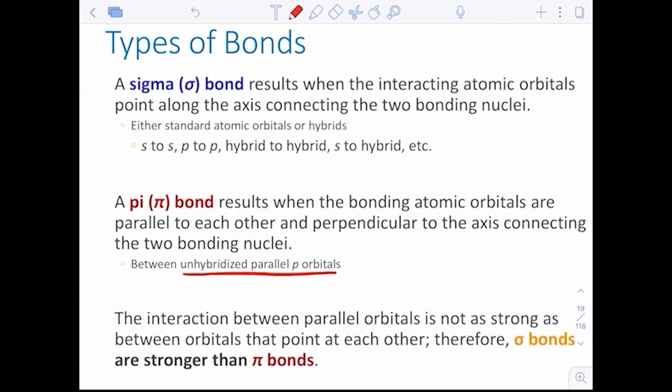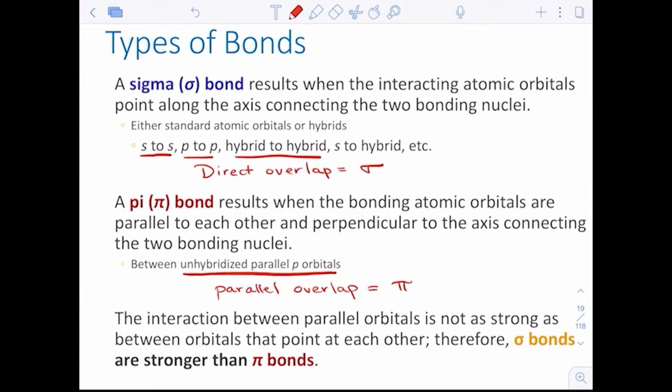A sigma bond can be unhybridized, like we had talked about with s's and p's, but they also could be hybrid to hybrid or hybrid to s orbital, etc. This is the direct overlap, which was what we called sigma. This is the parallel overlap, which we call pi.